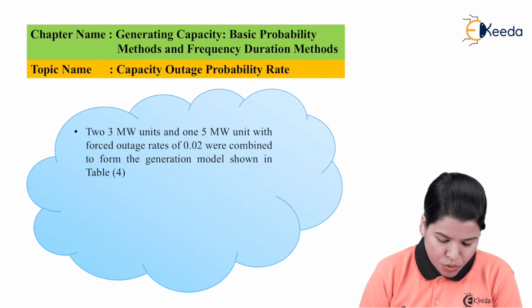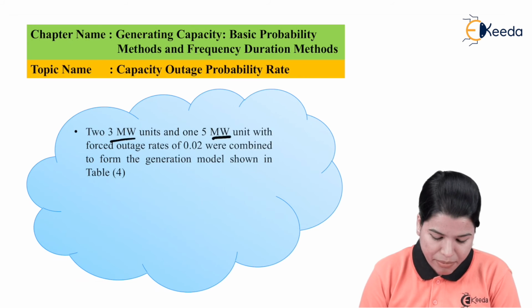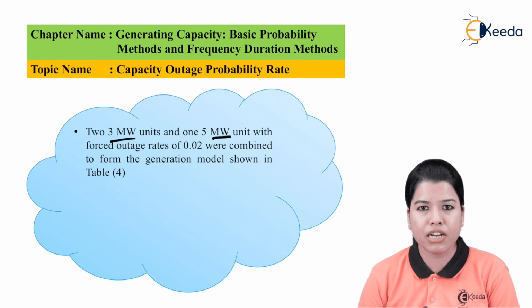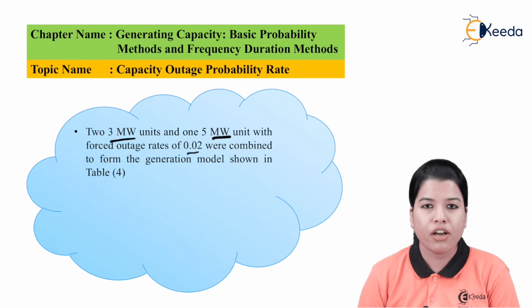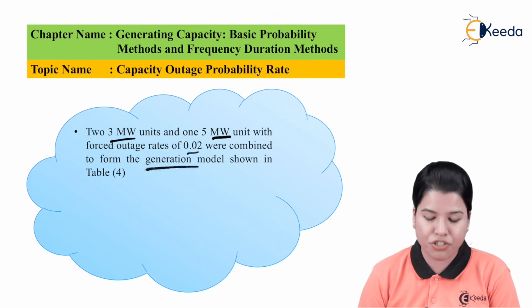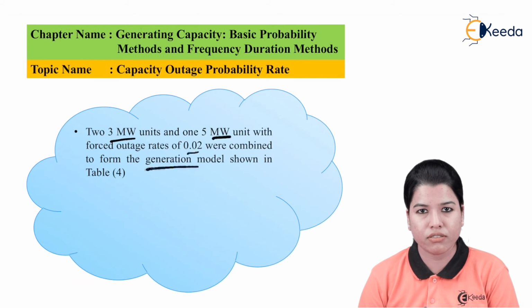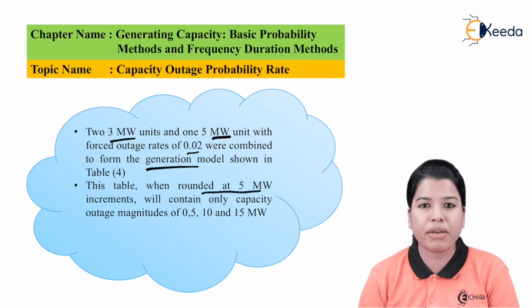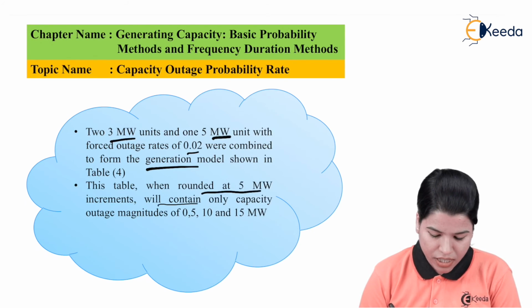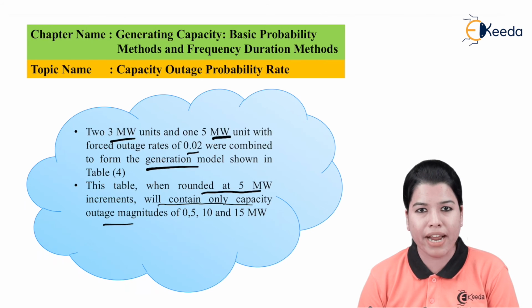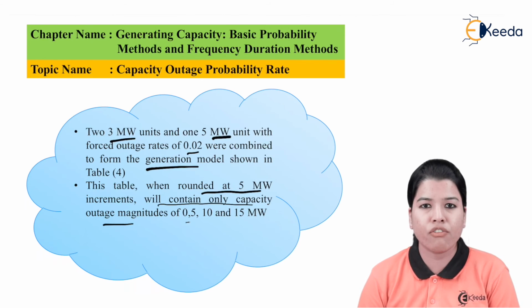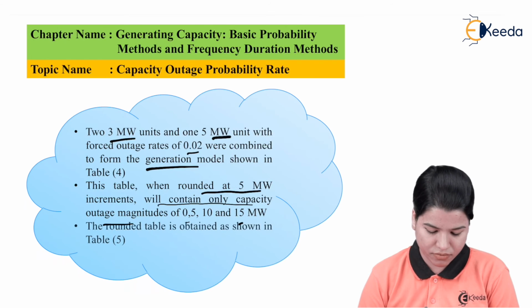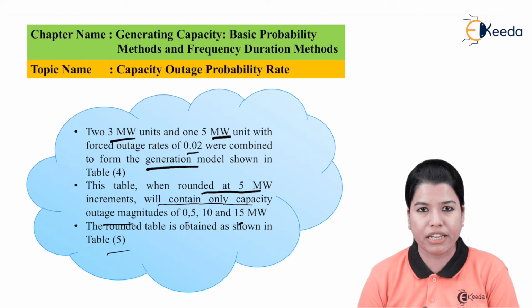Consider that two 3 megawatt units and one 5 megawatt unit, which is having the forced outage rate of 0.02, were combined to form a generation model as shown in table 4. Now this table, when rounded at the 5 megawatt increment, will contain only the capacity outage magnitudes of 0, 5, 10 and 15 megawatt. So the rounded table is obtained as shown in table 5.